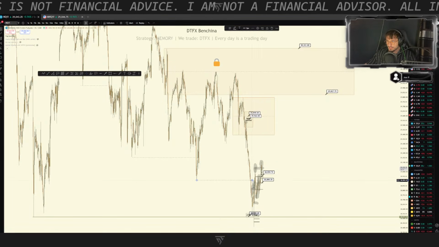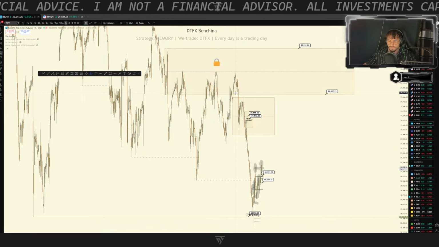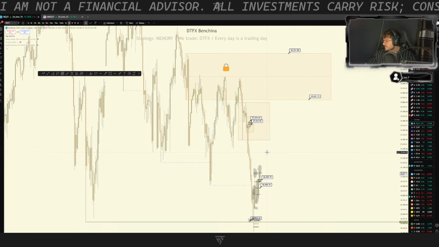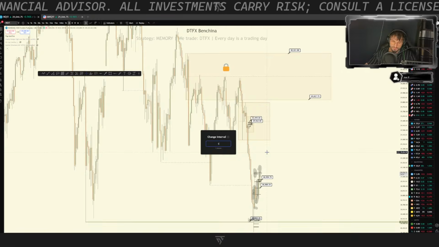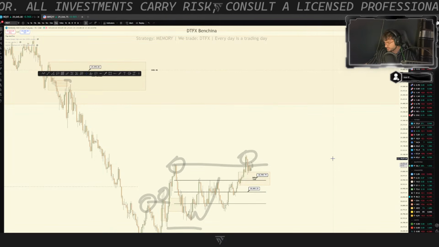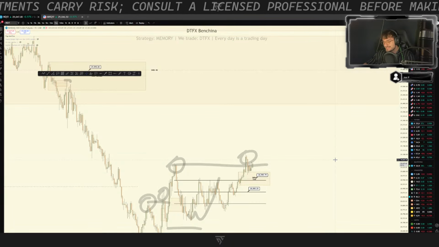So we have this low. The SNDR is all the way up here. This is the 4 hour, if I'm not mistaken. The higher one looks good on the 5 minute, and the one below it looked good on the 15 minute. Now we have a dilemma, right? And you know what I'm gonna say? When in doubt, stay out.